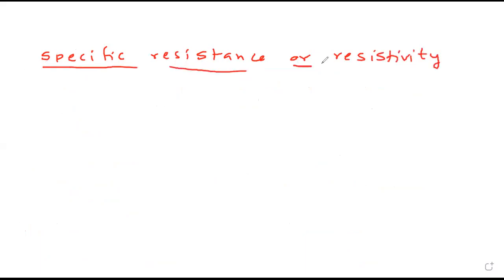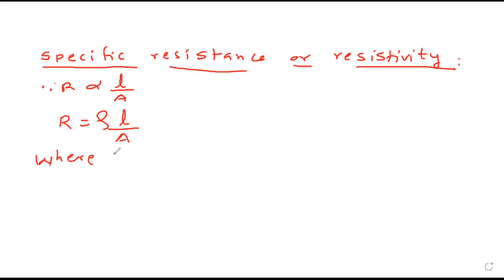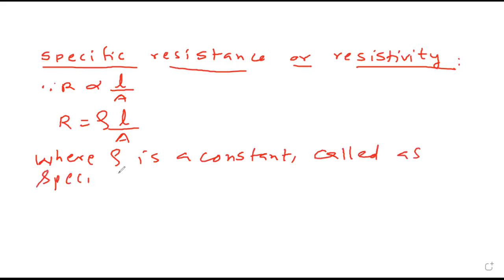Specific resistance or resistivity. Since R is proportional to L upon A, R will be rho L upon A, where rho is a constant called specific resistance or resistivity.